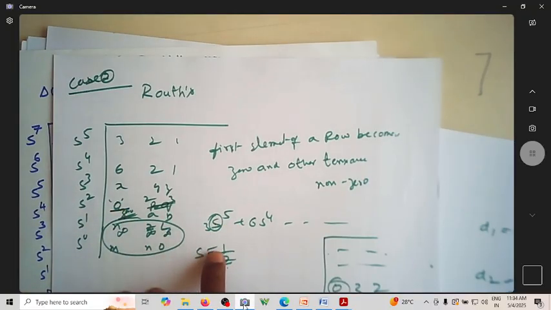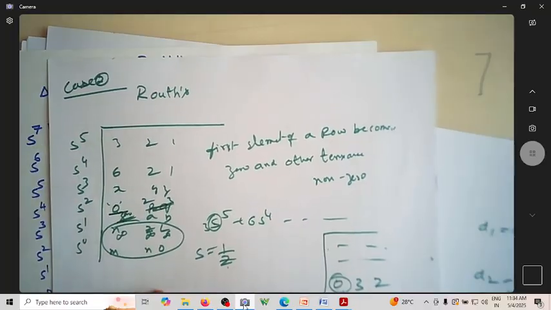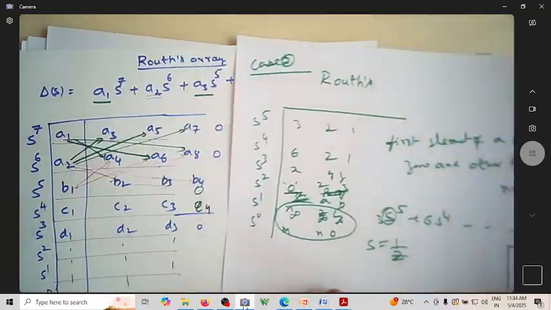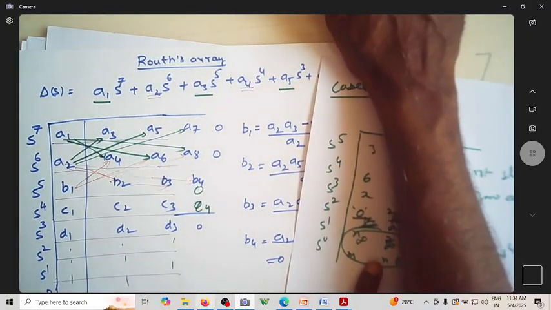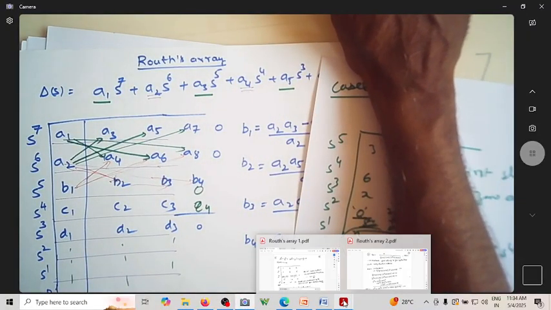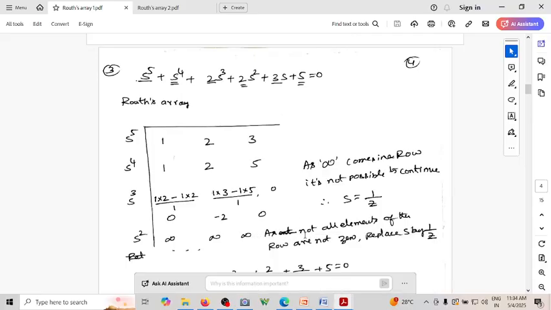Since it is 0, you have to replace s by 1 by z, rewrite the characteristic equation, then reform the Routh array. Then finally you comment on the number of closed loop poles on the right hand side of the plane. That's what this is. Let us move on.